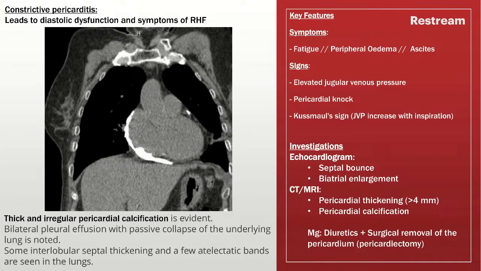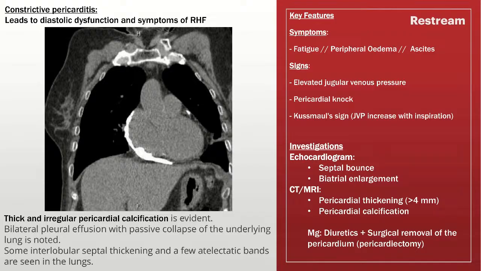There will be peripheral edema, and there'd be ascites due to the backlog of blood upon the portal venous system as well. Okay, so again, other signs will be elevated JVP, pericardial knock, okay, upon early diastole, and Kussmaul's sign, which is JVP actually sometimes visibly increasing with inspiration.